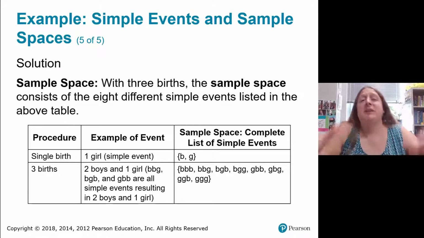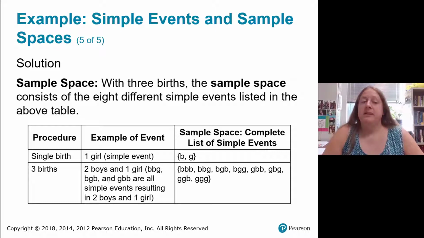So this table summarizes all of that for us. With a single birth, we have an example of an event as 1 girl is born, and that's a simple event. And our sample space is boy and girl. And with 3 births, we have 2 boys and a girl as an event, and that's not a simple event, but then we have our list of 3 possible simple events that contribute to that single event.